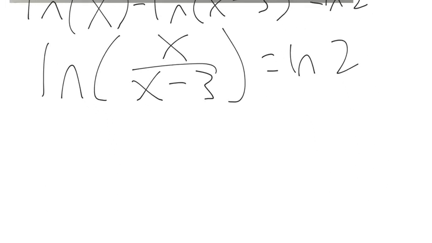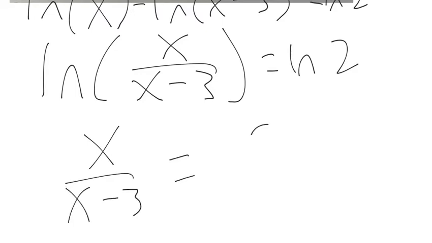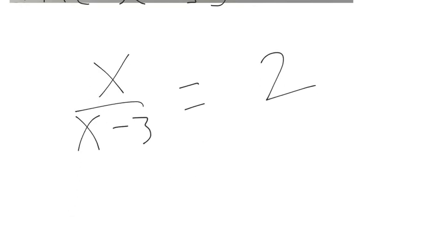Now, since you have two things that are equal and they're logarithms with the same base, you can take the inputs, the x over x minus 3, and set it equal to the other input, which is 2. Now you have to solve for x.